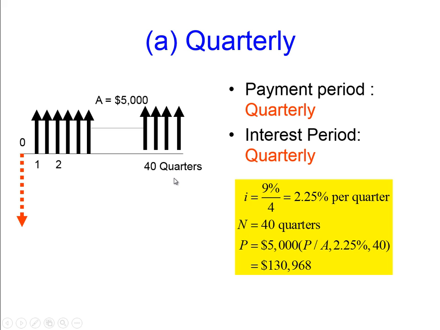And over 10 years, we have 4 quarters per year multiplied by 10, that's 40 quarters or 40 payment periods. So the present value will equal the annuity, which is 5,000, multiplied by the factor, which is P given A, with 2.25% and 40 payment periods. And that will equal $130,968.